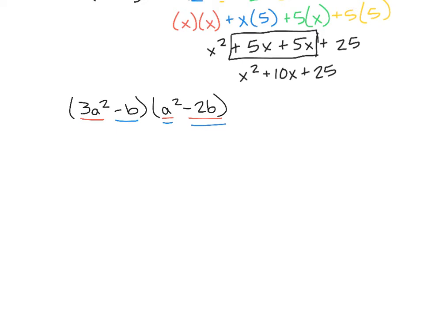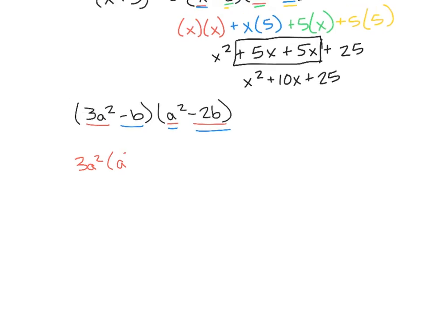And so when we write that out, we would have 3a squared times a squared plus 3a squared times negative 2b, and we would look at the second, minus, there's a minus sign in front of the b, times a squared minus b times negative 2b.